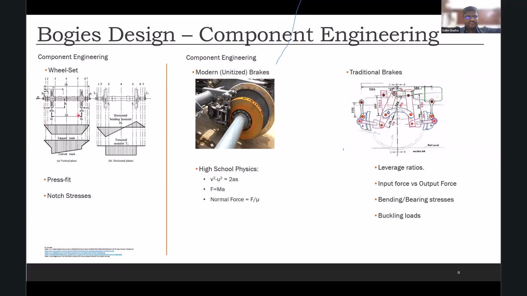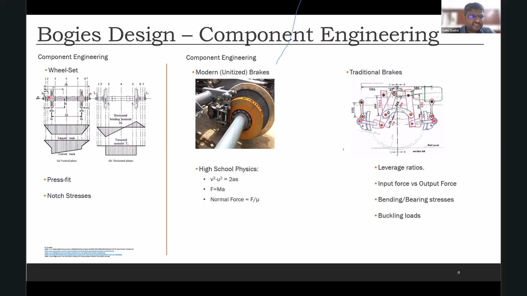You have the load which comes and then it bends the axle. So this is how the bending diagrams are created. So we develop these bending diagrams, and then we try to find out whether they are going beyond the limits or not. And then we try to size the axle, like what the minimum diameter of the axle should be, so that the stresses don't cross its limit, or it is strong enough to take the loads which are coming onto it.